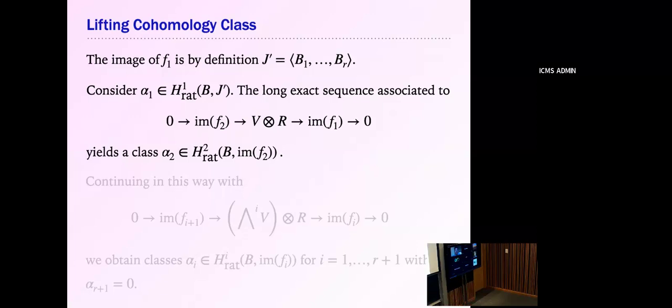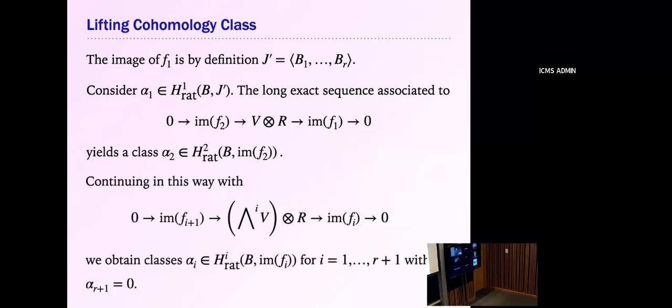So the long exact sequence in cohomology associated to this short exact sequence takes a class in H1 of the image of F1 to a class in H2 of the image of F2. We're using the exactness of the original Koszul complex in a crucial way here, because we can split up that exact sequence into a bunch of short exact sequences.